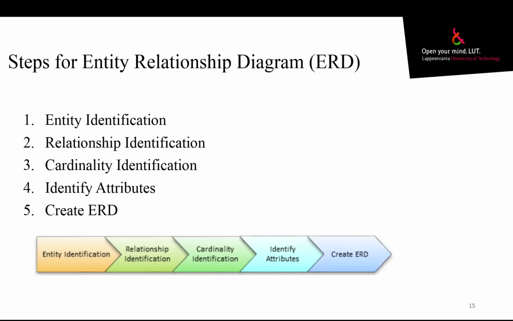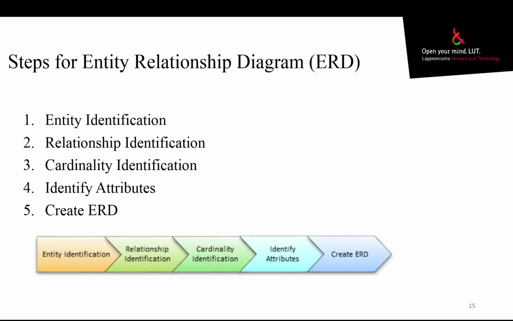So, what are the steps in creating an entity relationship diagram? The first thing is to identify what the entities are. When you have a task or you're given work to do, the first thing is to identify the entities, and the second is what relationships you can identify between these entities, and then the cardinality, like how will this relationship work?